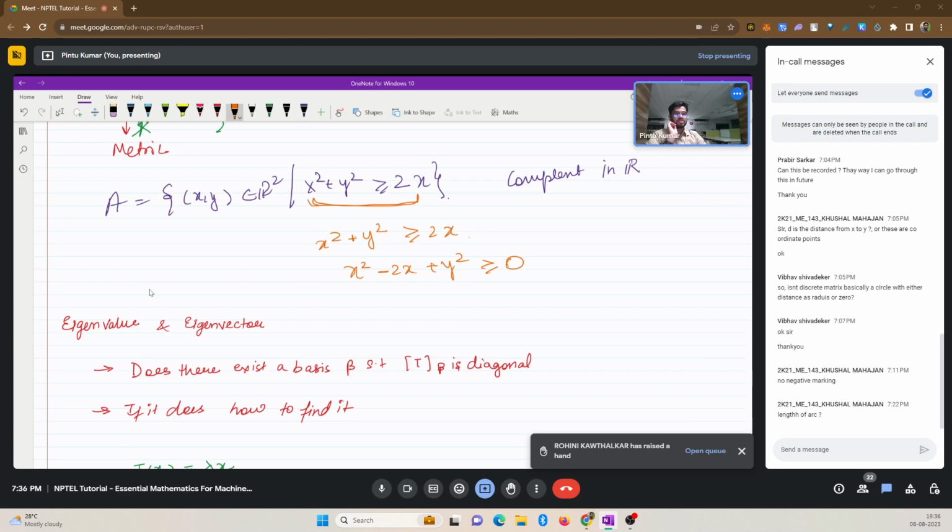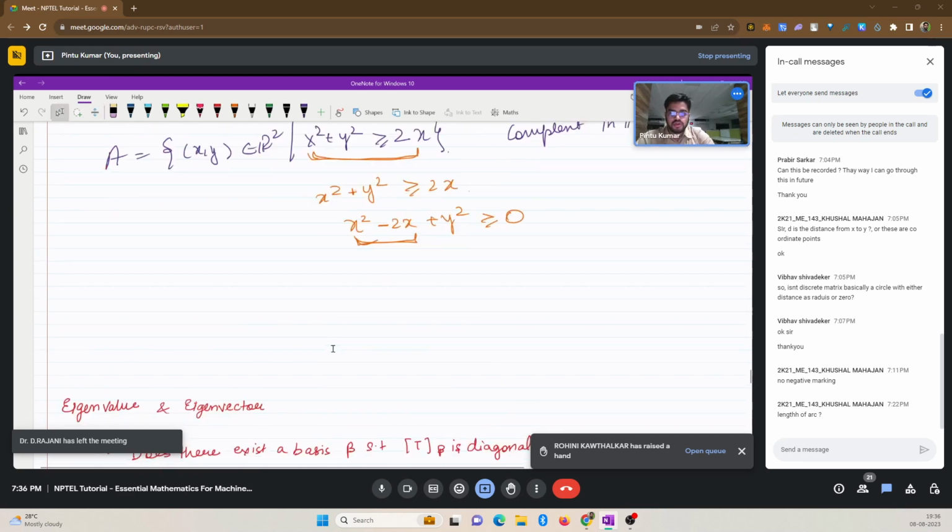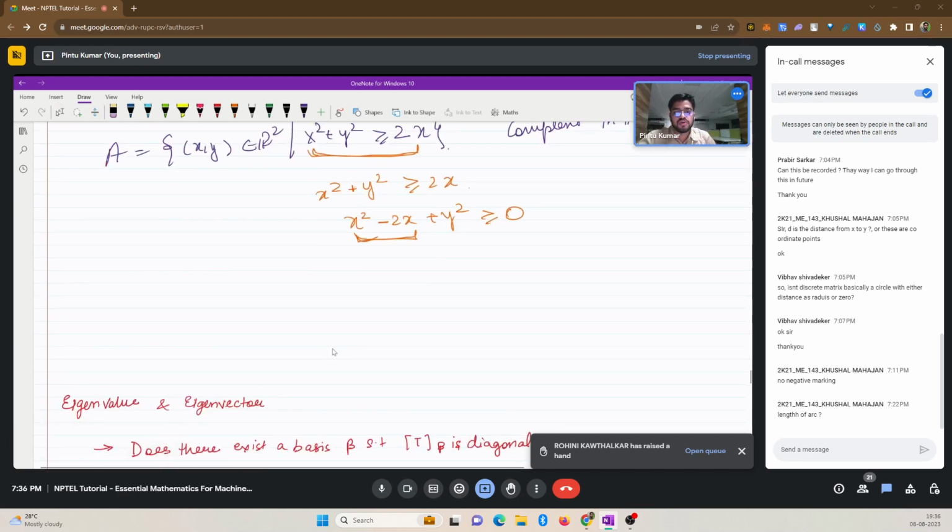If you complete the square here, it would get into the form of x minus a whole square. I'll just give you a small hint, I won't solve it completely, because this is not very related to what we are doing. So x square plus 1 minus 1 minus 2x plus y square is greater than or equal to 0.